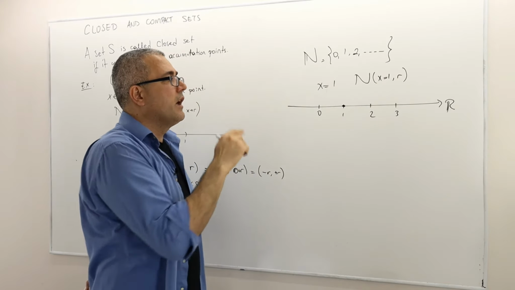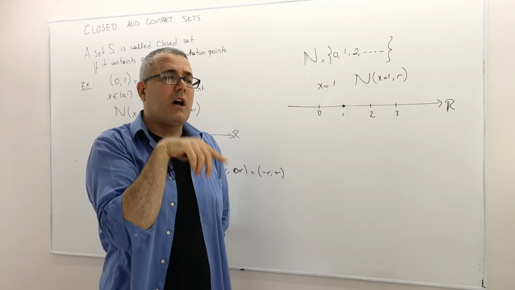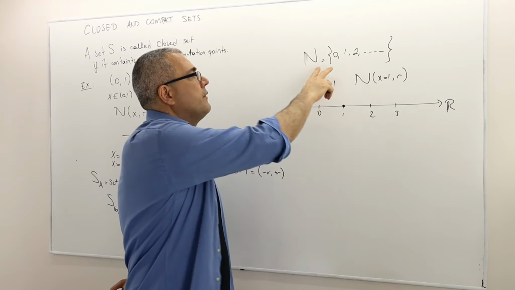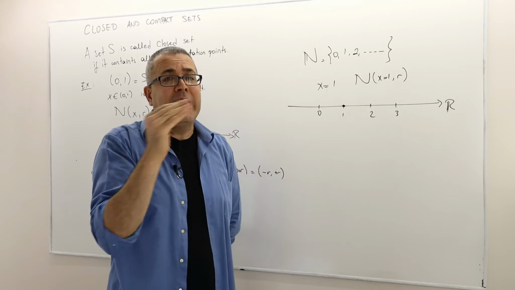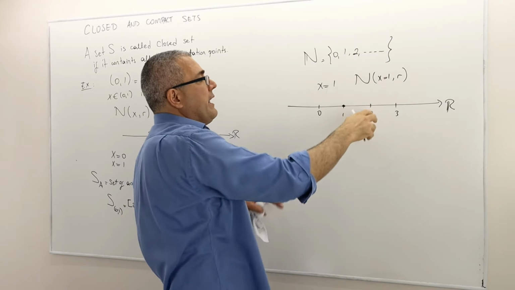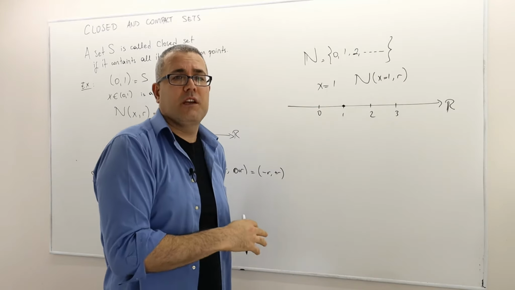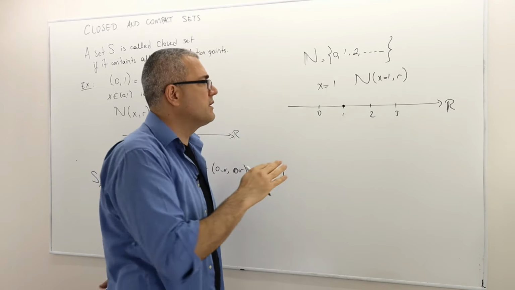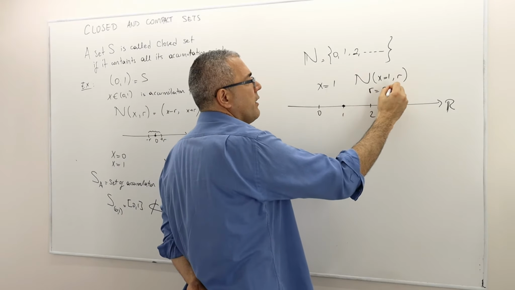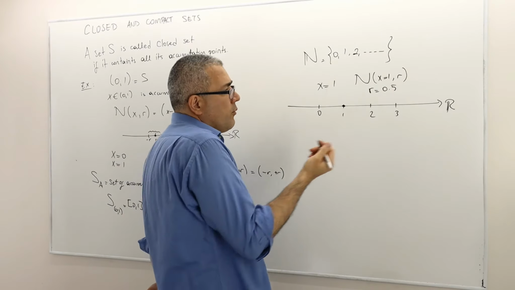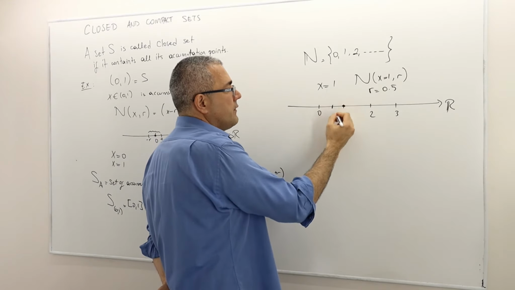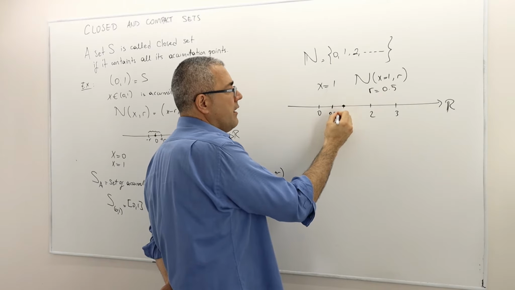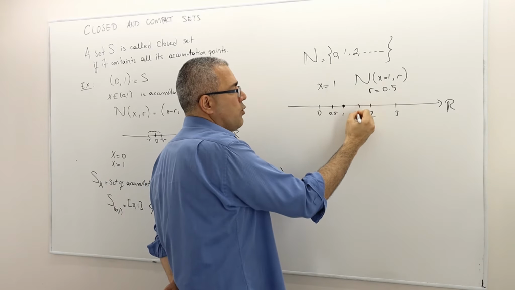The thing is, this neighborhood should include other natural numbers from the set of naturals for any r. Well, if r is big enough, it's going to cover a lot of natural numbers, obviously. So good. But what if r is very small? For example, r is equal to 0.5. In this case, this is 1 minus r, so it's 0.5, and 1 plus r, which is 1.5.